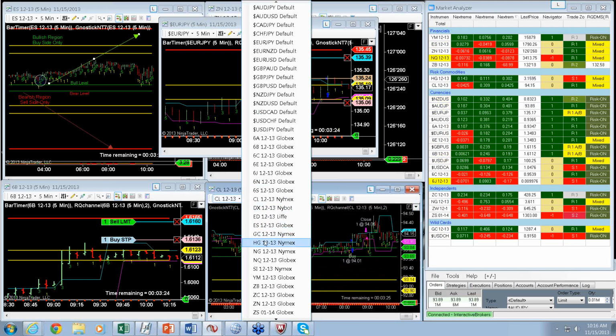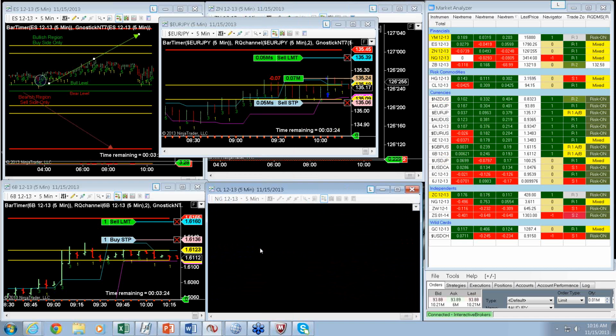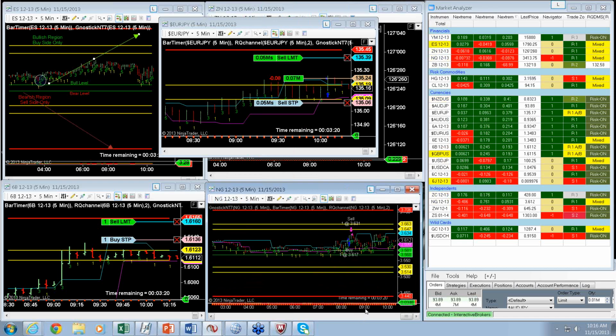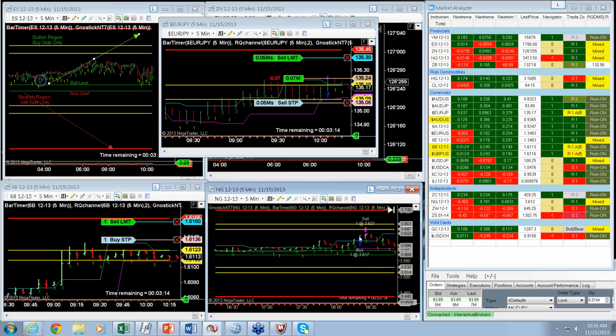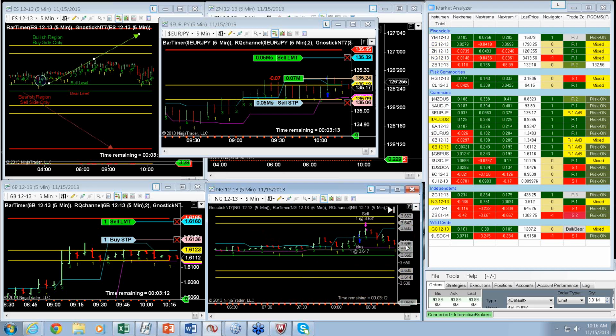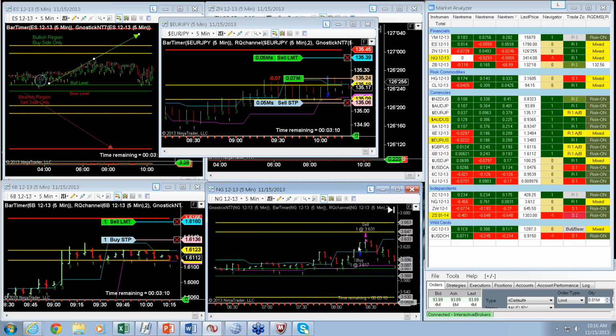And then we go to the natural gas. This one was a little bit better conceived. I took the breakout channel right here. It qualified. It was a perfect set. It was a good setup, even though it is higher in the zone. This did qualify.